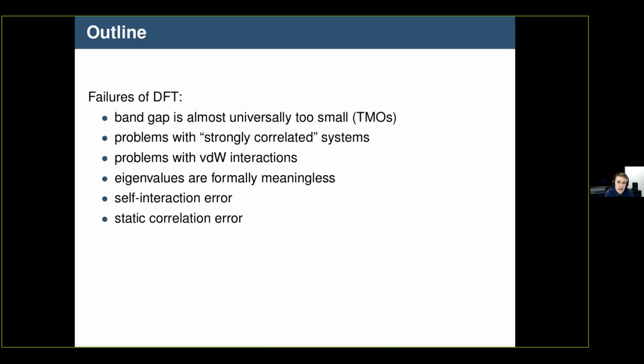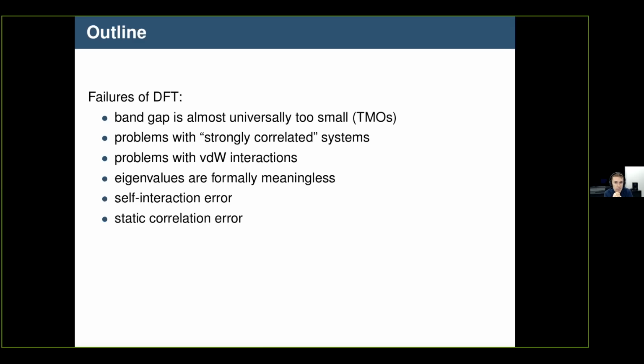We also, the basic exchange correlation functionals will also not capture van der Waals interactions. This is because van der Waals interactions are a correlation of small electronic perturbations across very long distances, or comparatively long distances. And the basic exchange correlation functionals only consider correlation based on the local environment and local density.